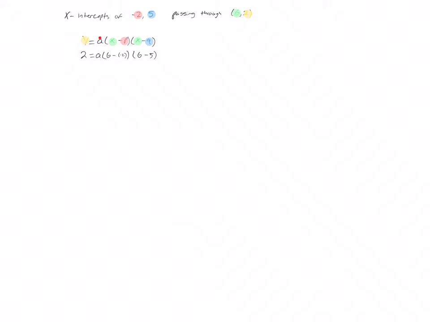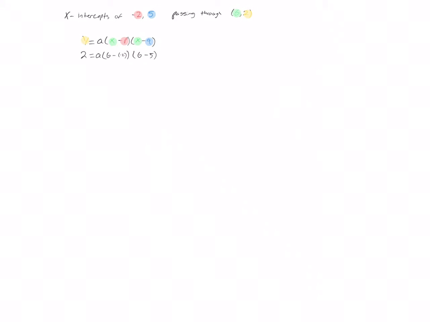So again, I'm just looking for that a, which is that leading coefficient of this whole thing. So I've plugged in the 6 in here for my two x's, and the 2 over here, that came from right there. The negative 2 I put in here, so minus negative 2, and then minus 5 here.